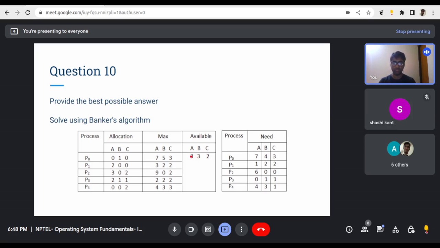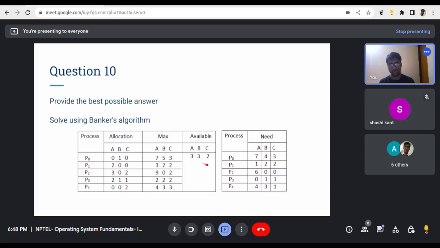And by how much? At first you need to do available minus need. That will result in the currently available resources when a process that has been scheduled for running has left.